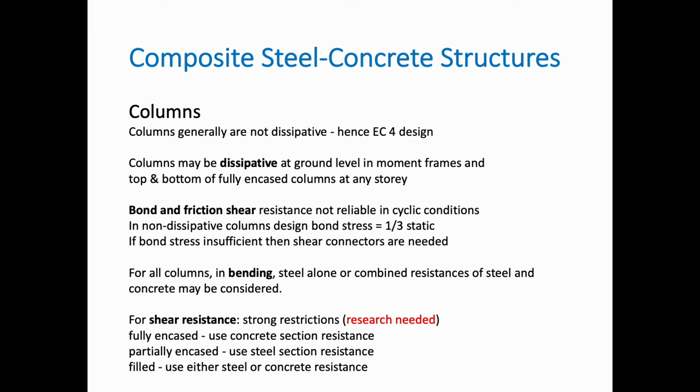Now, when it comes to the bond and the friction shear resistance, this is quite not reliable for composite members, and if we are talking about an insufficient bond stress between the two materials, then we use shear connectors.